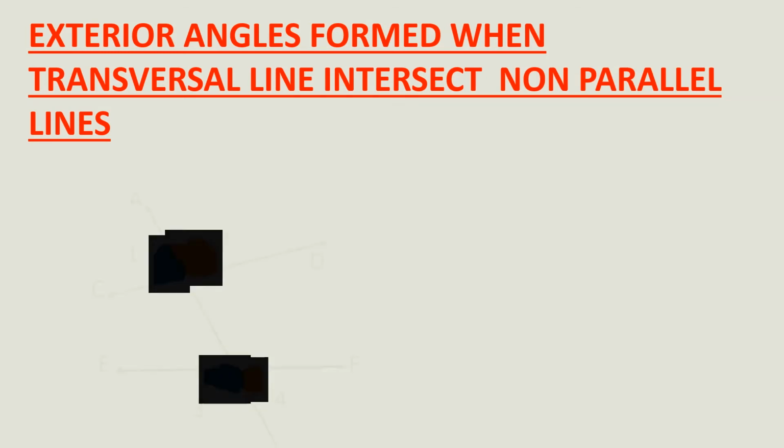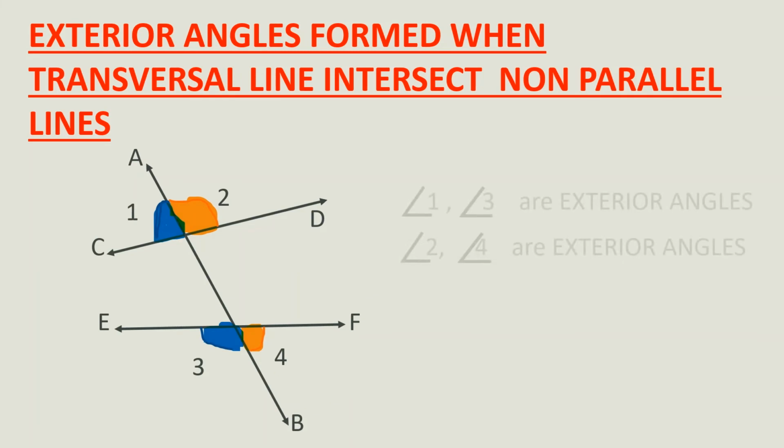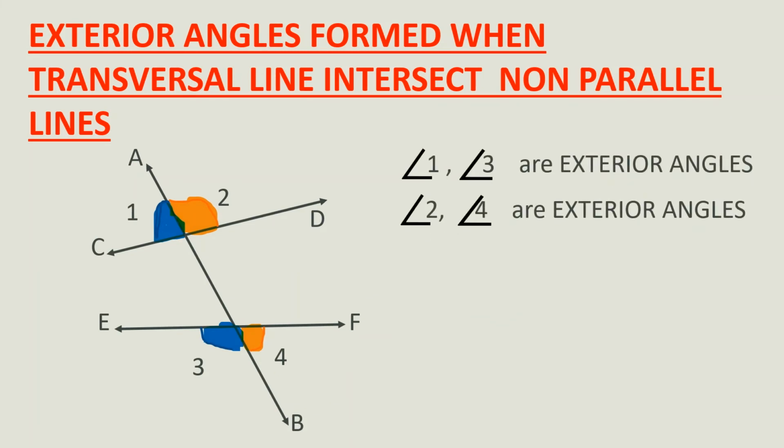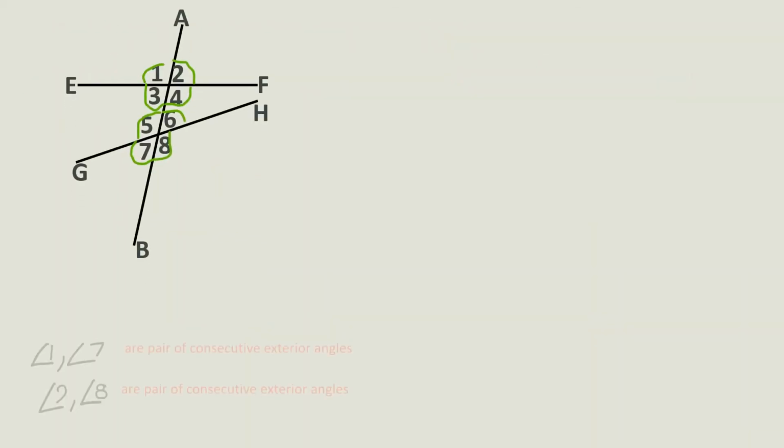Let's see exterior angles formed when transversal lines intersect non-parallel lines. Here we know that angle 1 and angle 3 are exterior angles, and angle 2 and angle 4 are also consecutive exterior angles.